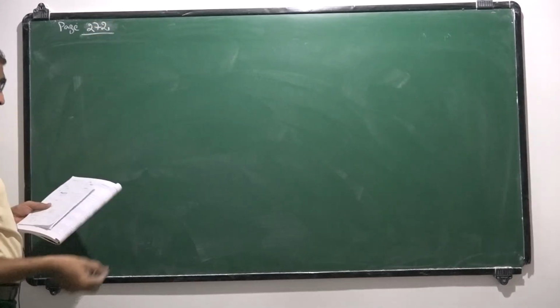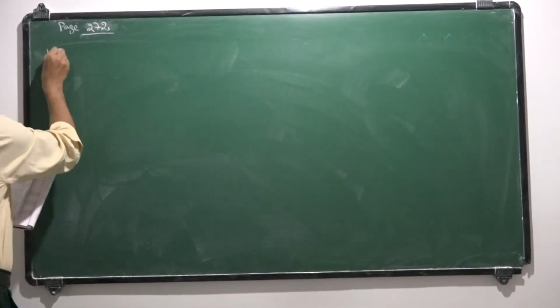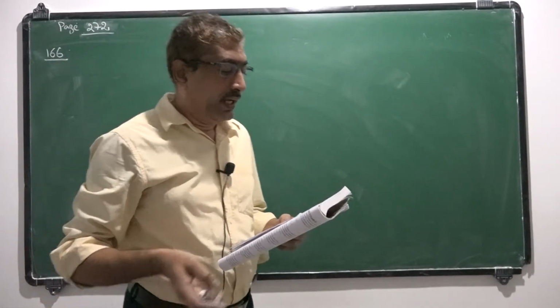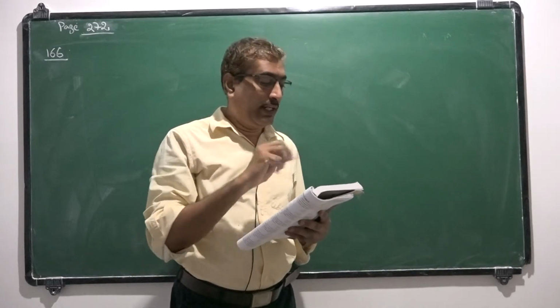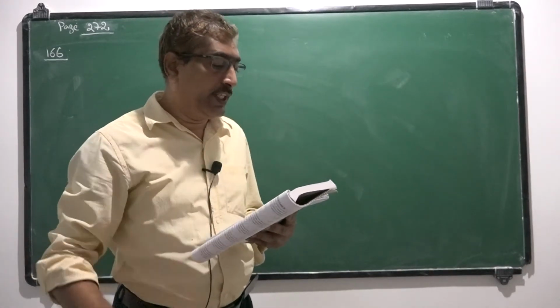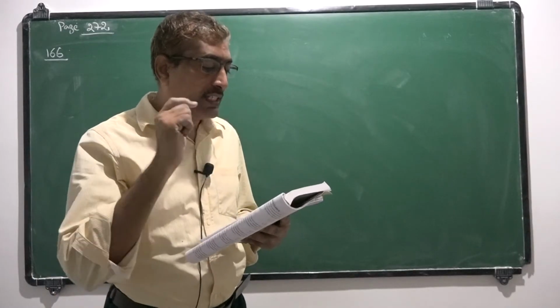272. Problem number 166. The problem is a boat having length 2 meter and width 1 meter is floating in a lake. When a man stands on the boat, it is depressed by 3 centimeter. Then the mass of the man is.